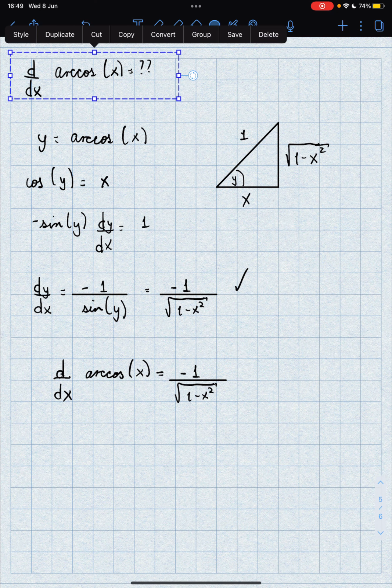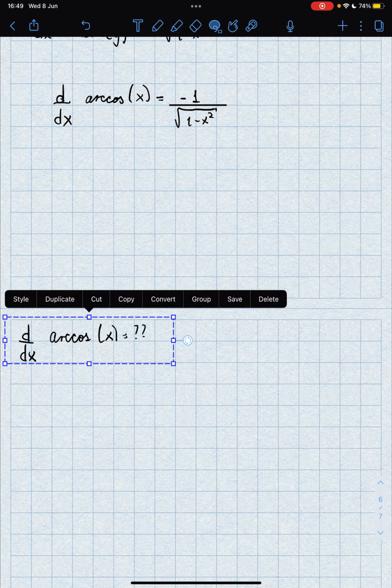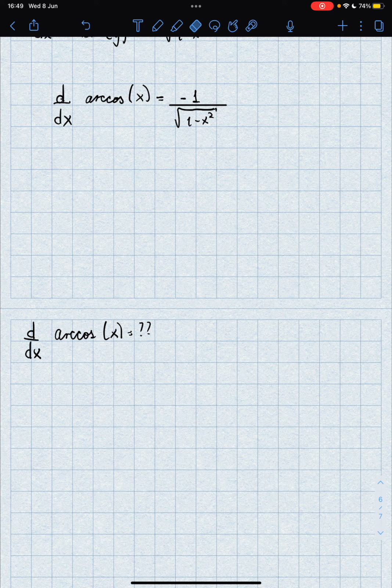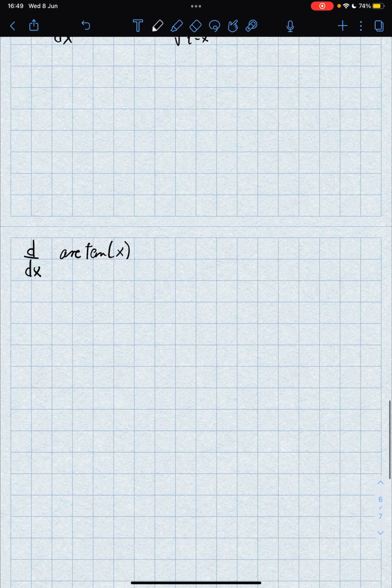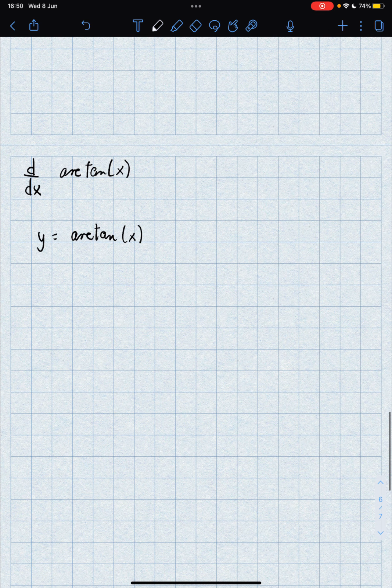Derivative of arctan of x. Again, I'm gonna say y is arctan of x. If I apply tangent to both sides, I'm gonna have tangent of y equals x.